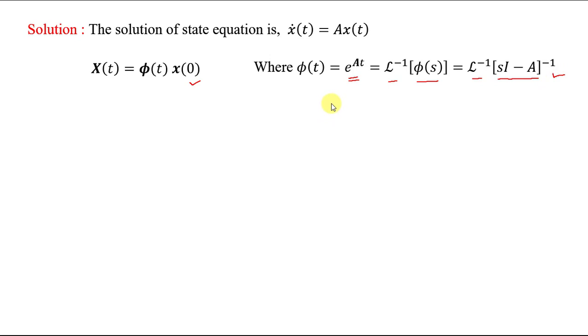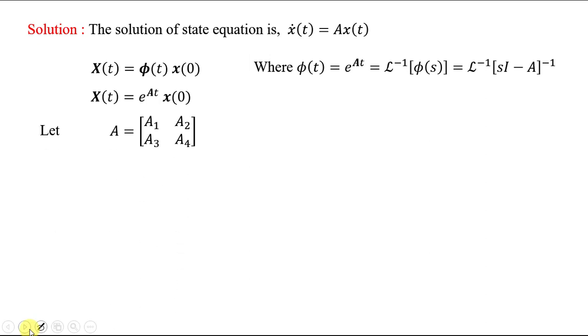As you saw in the previous question, X(s) equals (sI minus A) inverse x(0). This is your ZIR, the zero input response. So if we take the inverse Laplace transformation, that is x(t), which is the inverse Laplace transformation of this matrix times x(0) as shown here, or you may write x(t) equals e^(At) x(0).